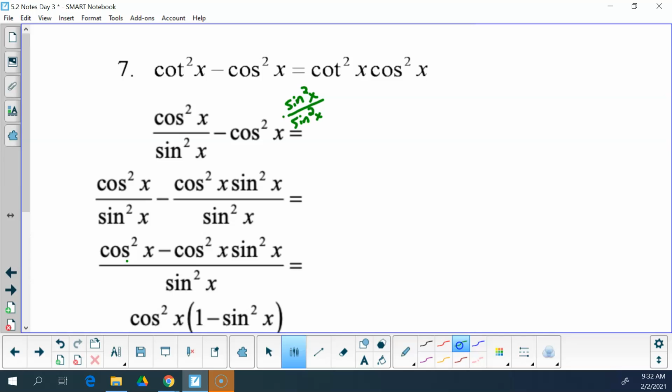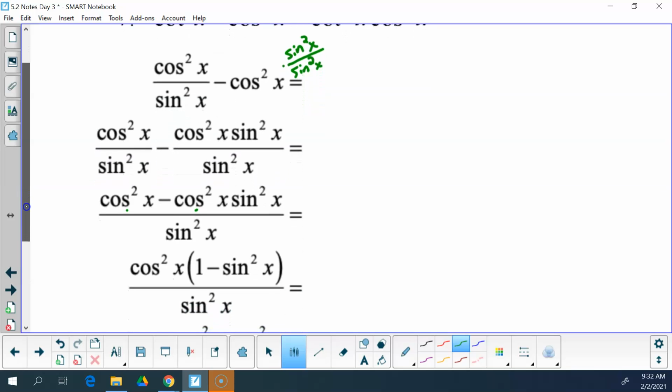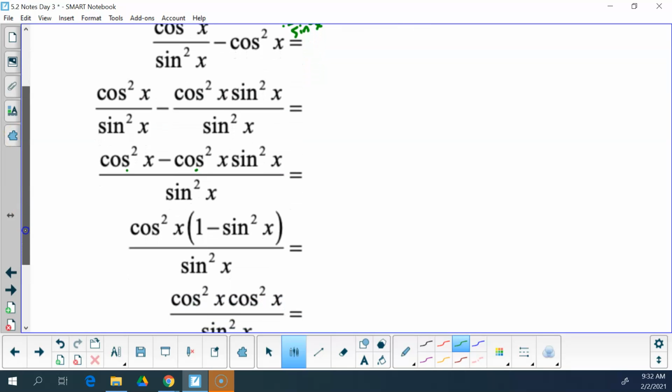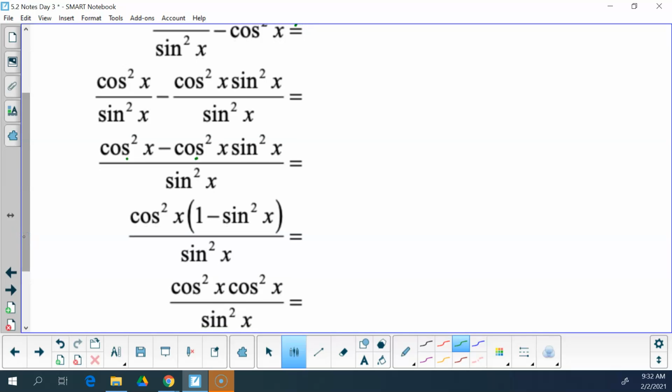Both have a cosine squared in them. So that gets me that. 1 minus sine squared, that is cosine squared in itself. So really we have cosine squared on the top, divided by sine squared.